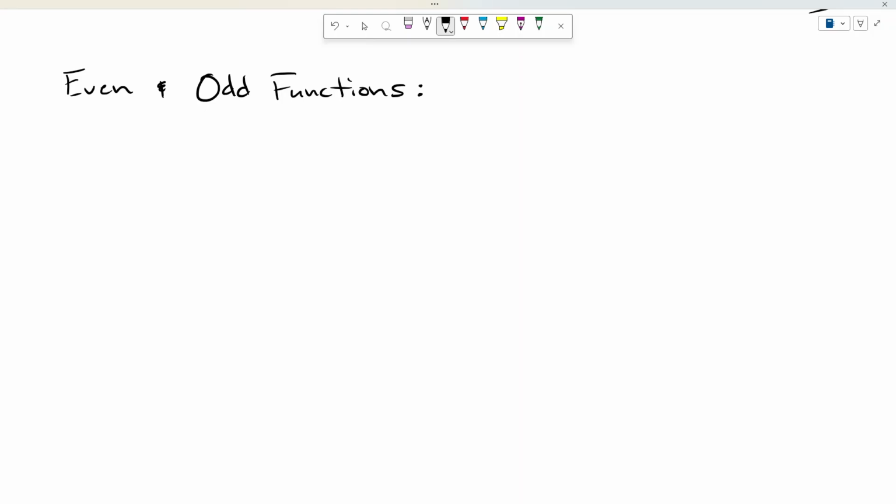So given a function f of x, the first thing that we want to do, in order to determine if it's an even or odd function, is replace the f of x with f of -x.